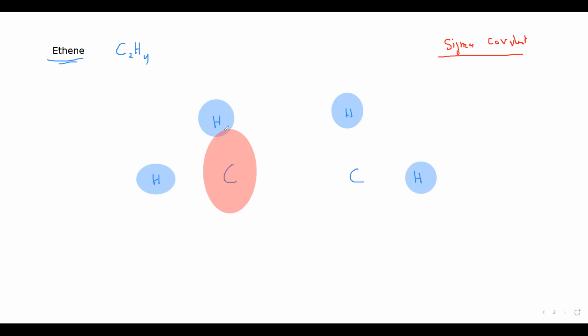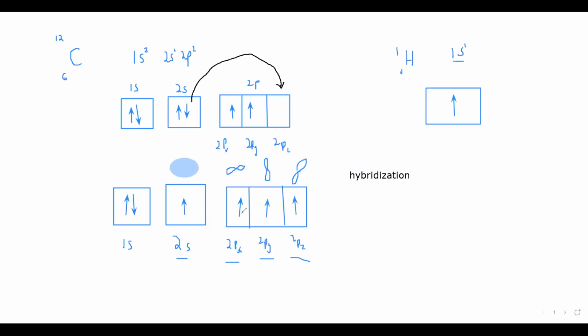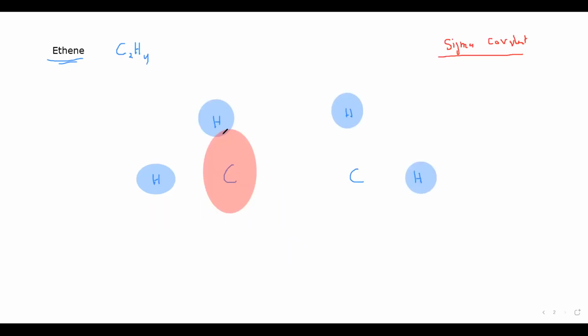That's why it is a sigma covalent bond. Then the first carbon used 2s and the second carbon also uses 2s, and that overlapping is also complete. So first both form a sigma bond with one of the hydrogens.